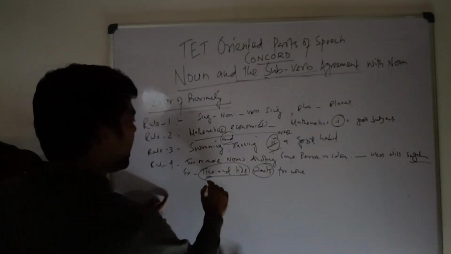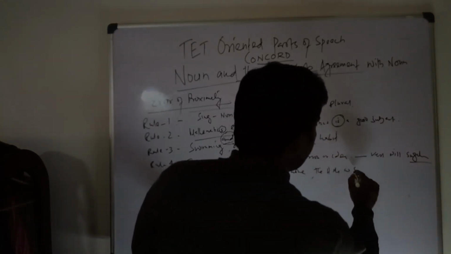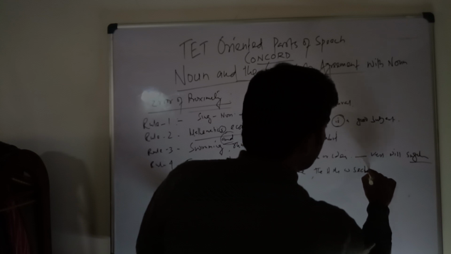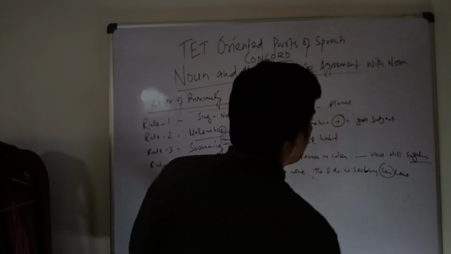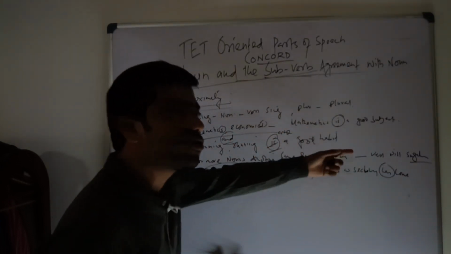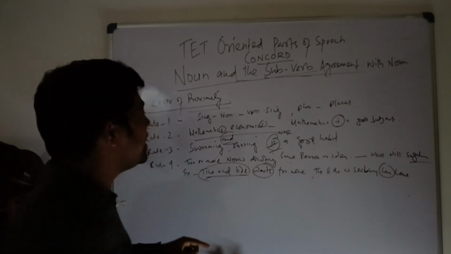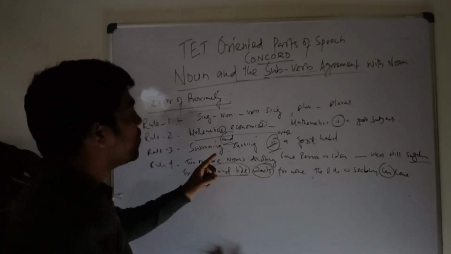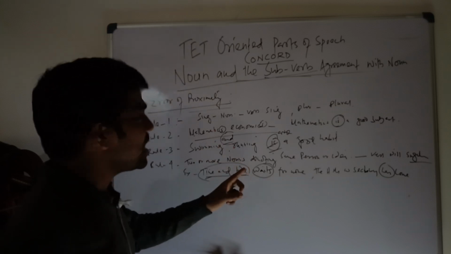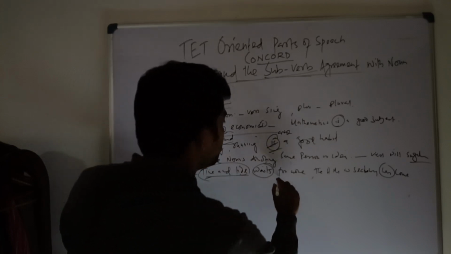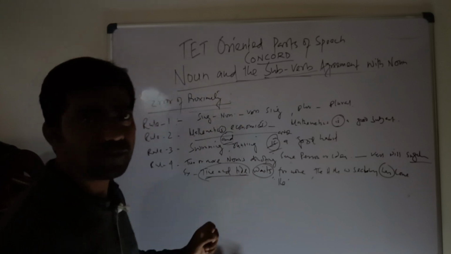All right. The headmaster and the secretary has come. The verb is singular because the headmaster is also the secretary. And here one thing is to be remembered: if a plural sense is intended, then there will be 'the' before each noun.